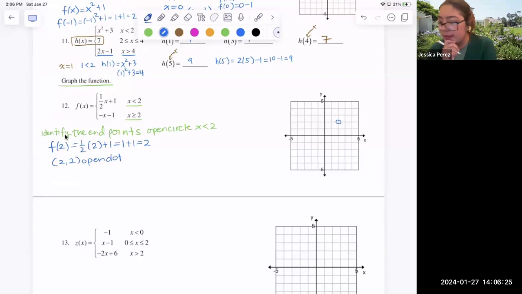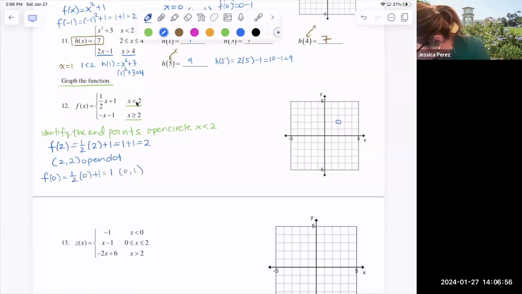And then we're going to have a line that goes through the left. So I know it's going to go something like this. Then I'm going to test another point, maybe f of 0. What happens at 0? I know 0 is less than 2, so that's going to substitute into 1/2 times 0 plus 1. That's 1, so it's 0, 1. So my graph is coming from this direction.